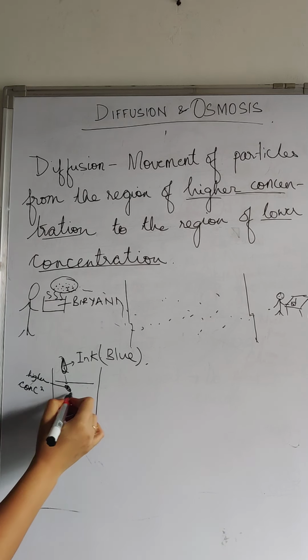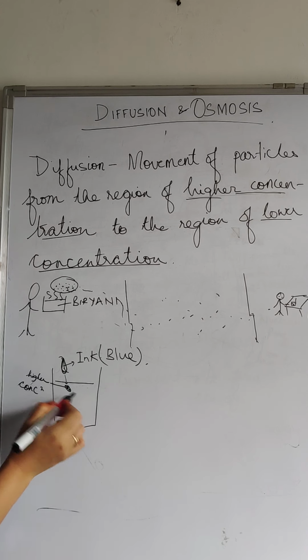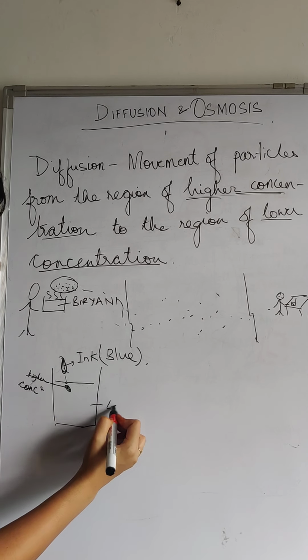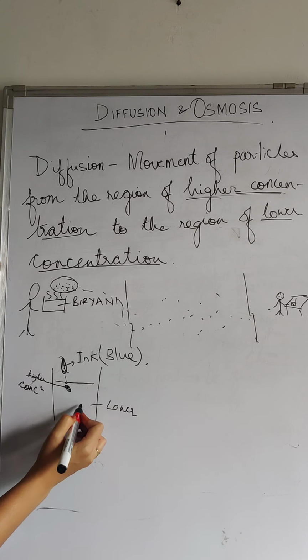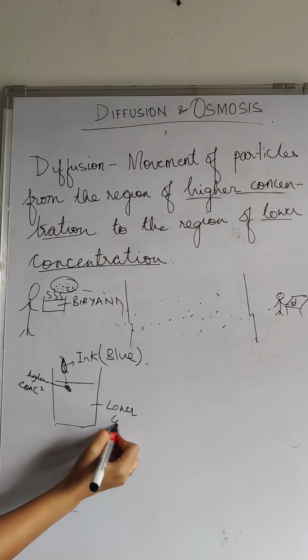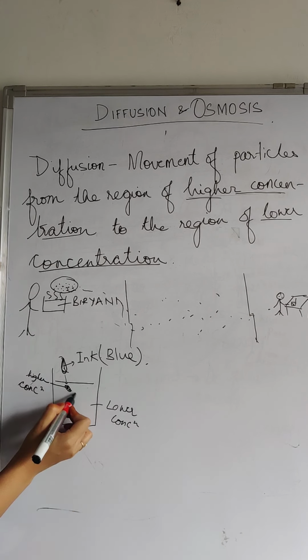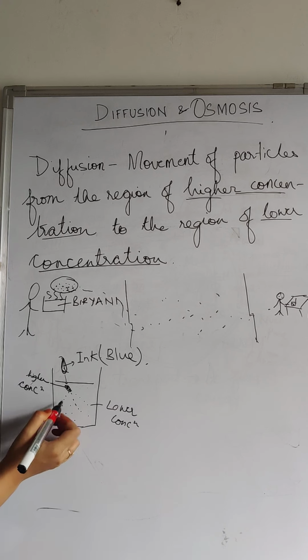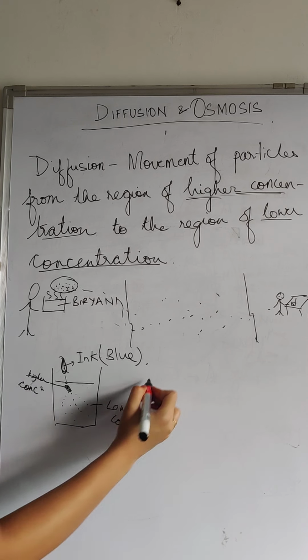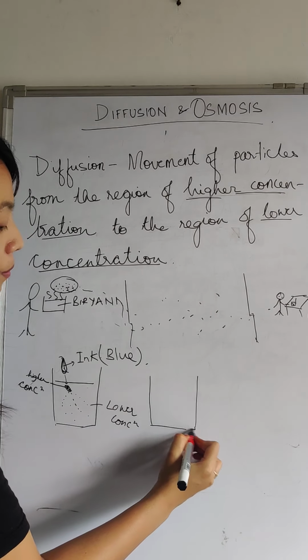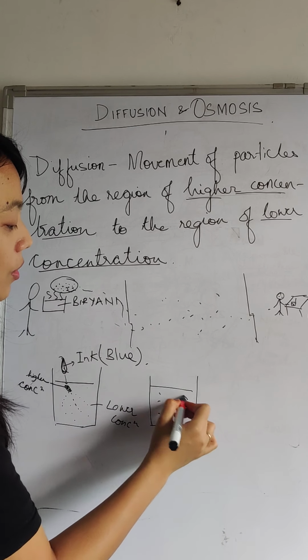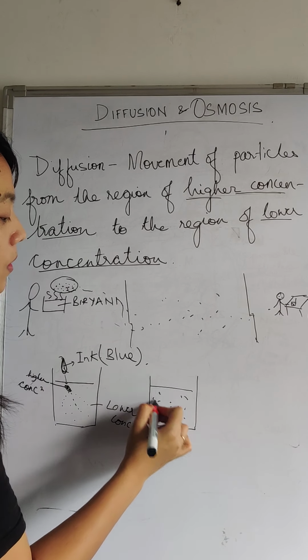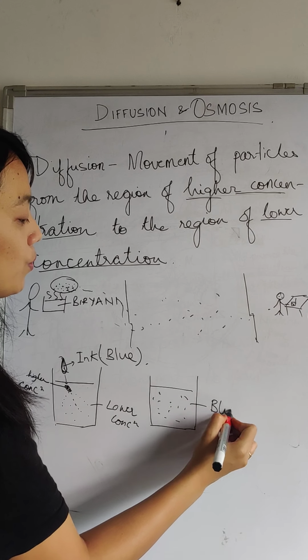After some time, what will happen? This is the area of lower concentration of blue ink. That means there are no particles. So the blue ink will spread and move to the lower concentrated area. And after some time, the entire blue ink will get diffused, and the water will turn blue.